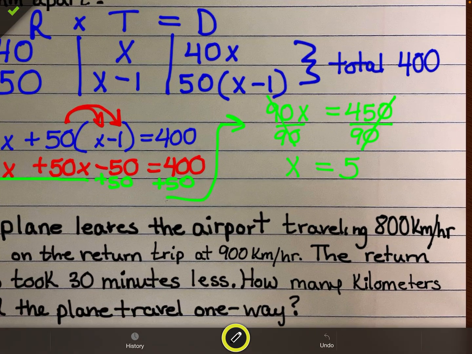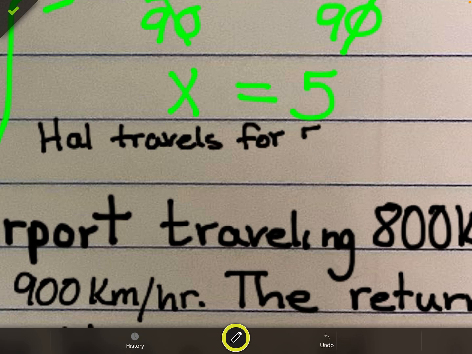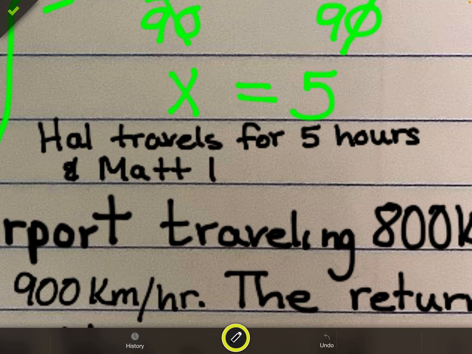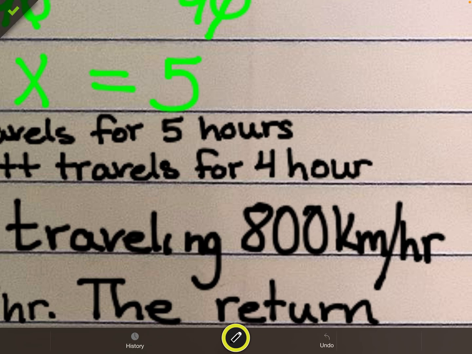So my final statement is Hal travels for 5 hours. And Matt is 1 hour less than him, and his is 4.